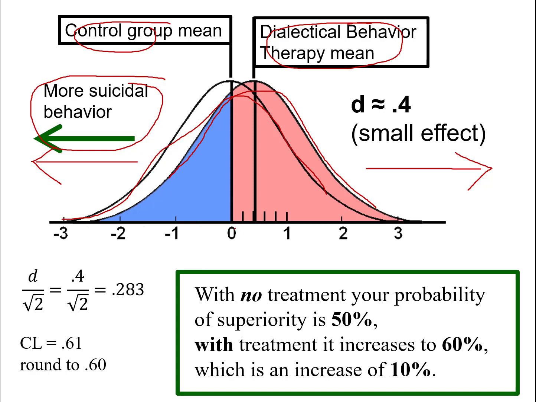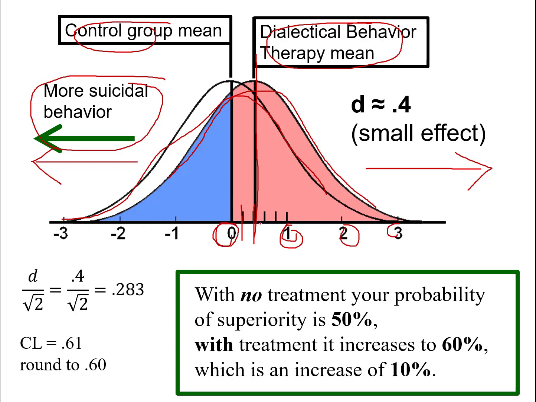And then I've marked off my standard deviation units. I put 0 right at the mean for my control group and marked off 1, 2, and 3 standard deviations above the mean. In between 0 and 1 standard deviations, I've marked off 2/10 and 4/10. So right about 4/10 above the mean of the control group is where I drew the mean for my treatment group.